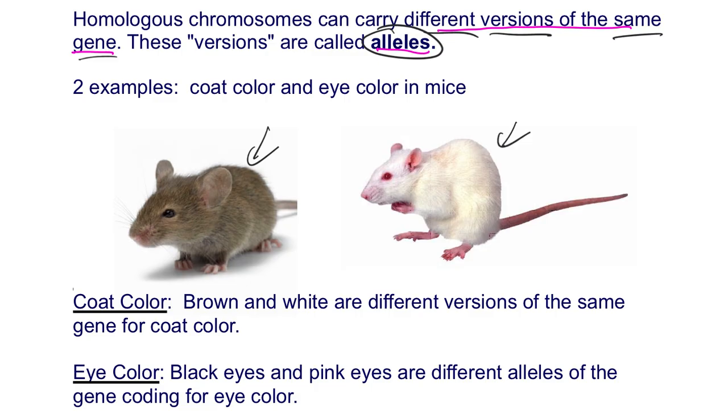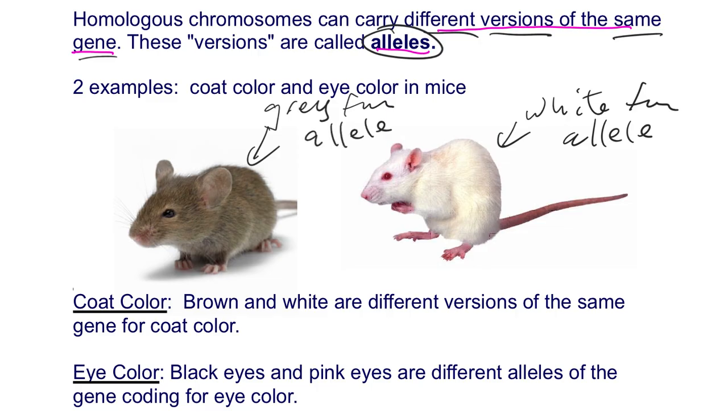But in this case, the allele for that gene is gray fur, and the allele for this same fur color gene is white fur. But it's the same gene for fur color.